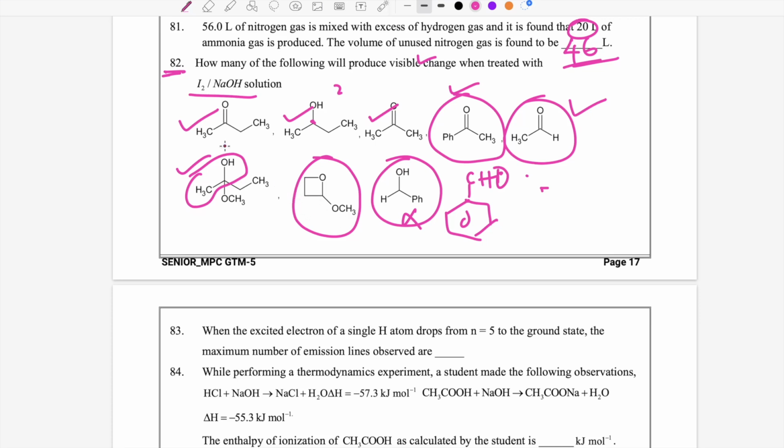So the answer for this question is 1, 2, 3, 4, 5, 6. Right? 6 is my answer. Yes, benzaldehyde can't give it. That's true. But I don't know, the key has 7 given, which one is included. Okay.